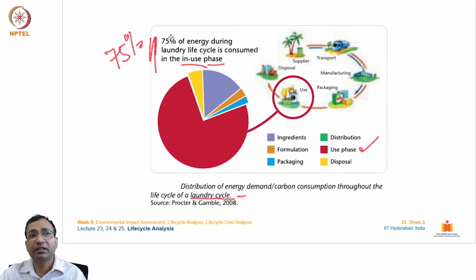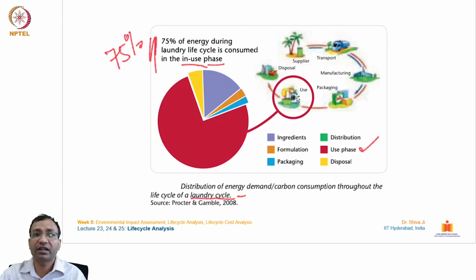If you see, 75% of the energy during the laundry life cycle is consumed in the use phase, while it is being used at the user facility. This is where it consumes 75% of the energy of its entire life cycle.